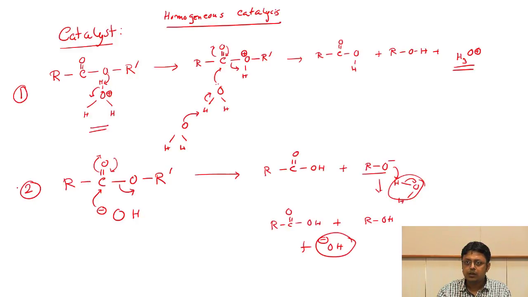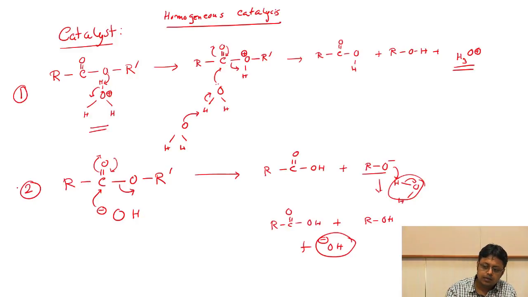You will figure out that just adding water, it doesn't hydrolyze. Maybe on warming up it may hydrolyze, but just by adding acid, the rate increases by a whole lot. And for base catalysis, it is a little bit slower than acid catalysis, so you also need to elevate the temperature.